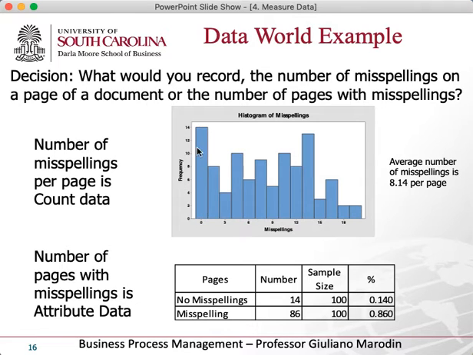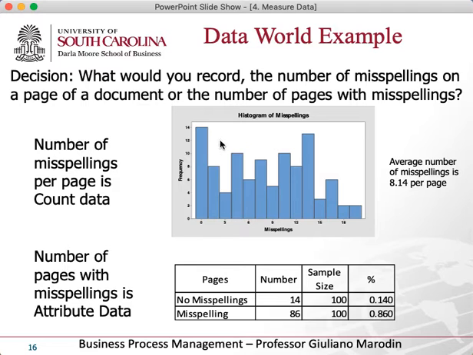We're doing an English checking process, right? We're checking for words that were typed or written. So I had 14 pages that didn't have any misspelling problem. I had 8 pages that have 1 or 2. I have 4 that have 3, and so forth and so on.